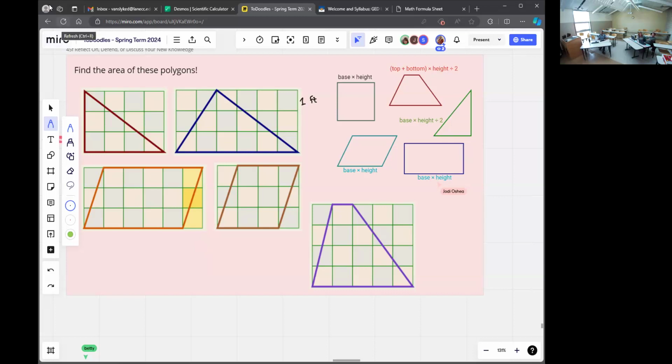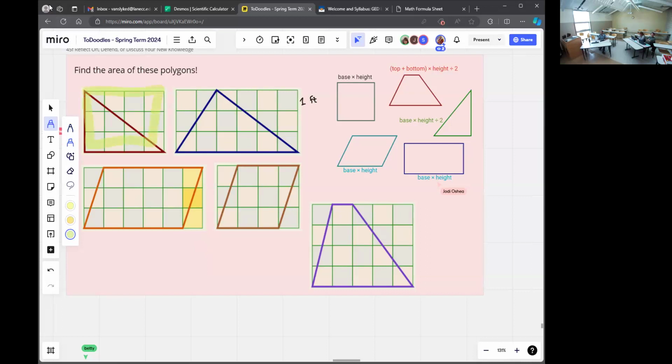And how did you get 6? So what do you see? There are 12 squares in the whole thing, so it's 12 square feet, and then I divided it up and it was 6. So first you notice that the whole thing is 12.